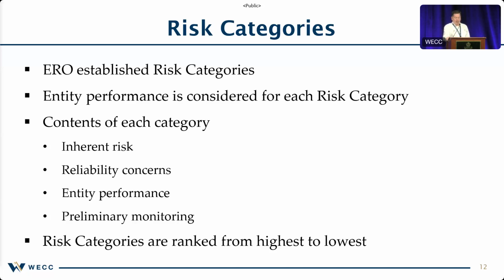We may include concerns associated with low-rated inherent risk factors. This is a part of how we want to share information with the entities and tell them what we see are concerns that may not be shared otherwise.